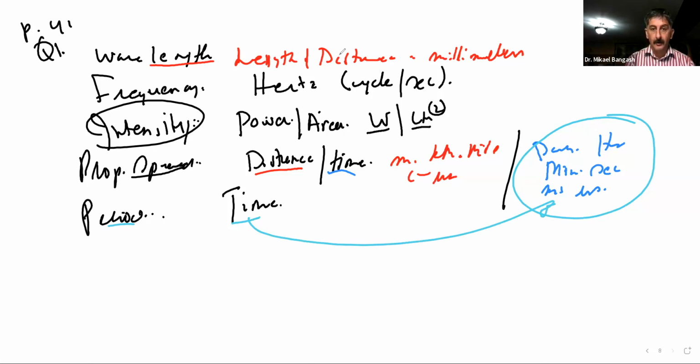We already had power earlier, which was this one here. It could be watt, kilowatt, megawatts, milliwatts, microwatts.